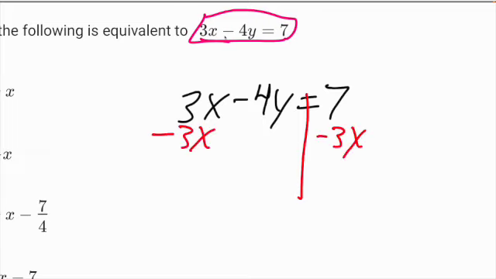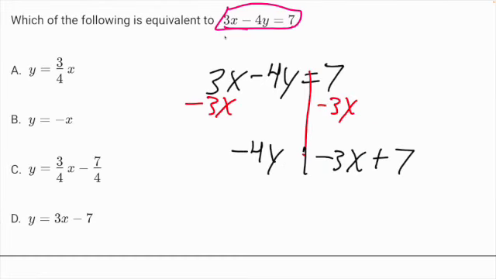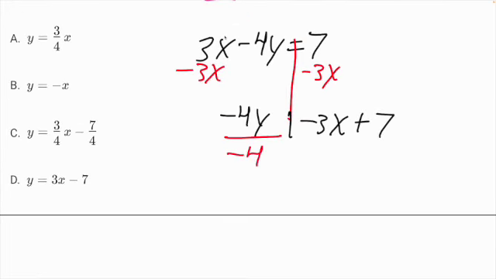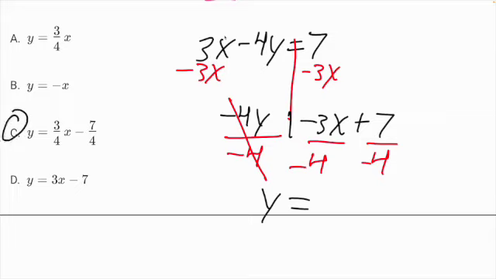This is going to give me negative 4y equals negative 3x plus 7. And now there's one more step I need to do, and that's divide everything by negative 4. Those 4s will go away. I'm left with y equals, and this answer choice is C. Let's put C.